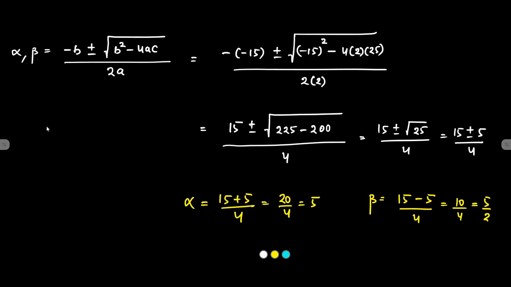So the two solutions are, one is 5, another one is 5 by 2.